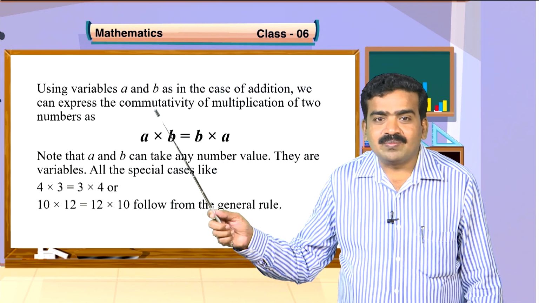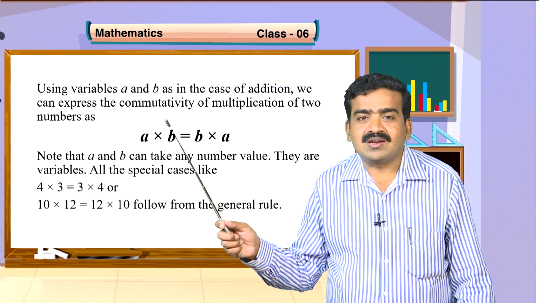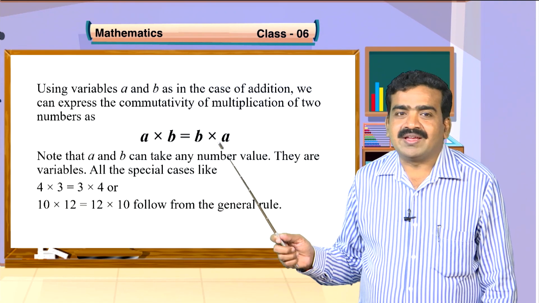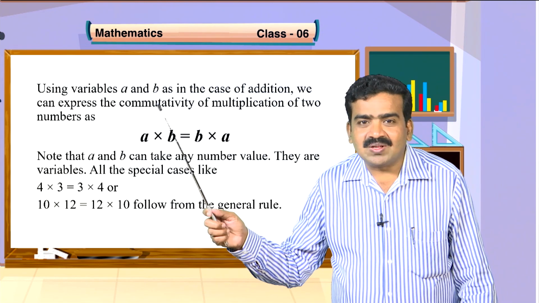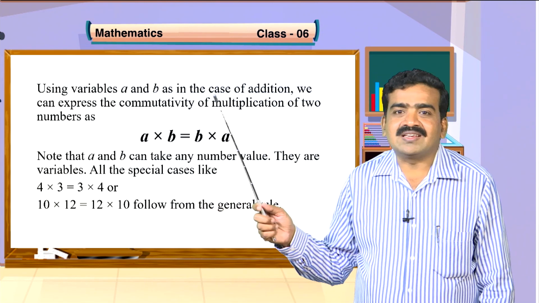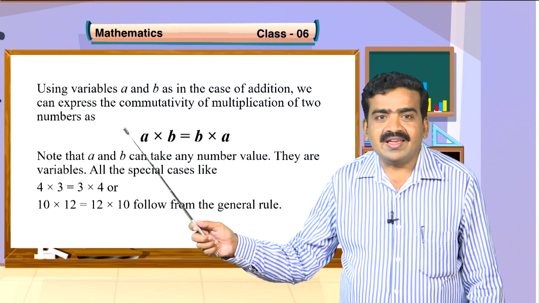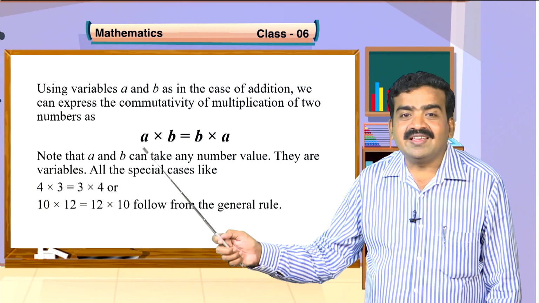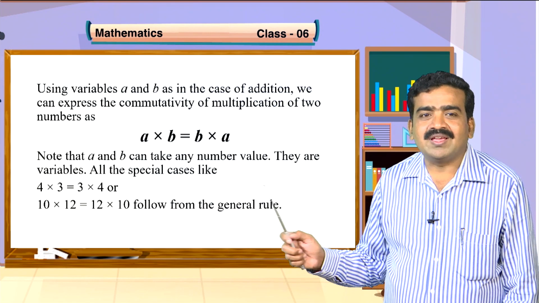So, using variables a and b, we can come to the conclusion that a into b is equal to b into a. That is, using variables a and b, as in the case of addition, we can express the commutativity in multiplication of two numbers as a into b is equal to b into a.